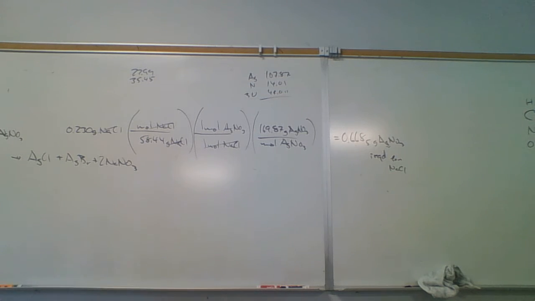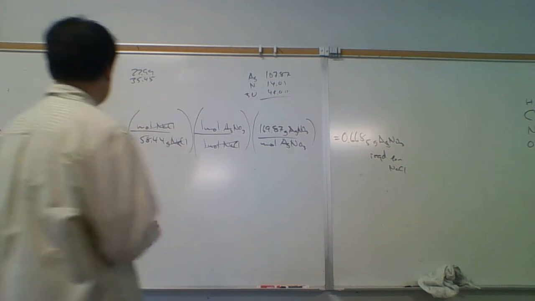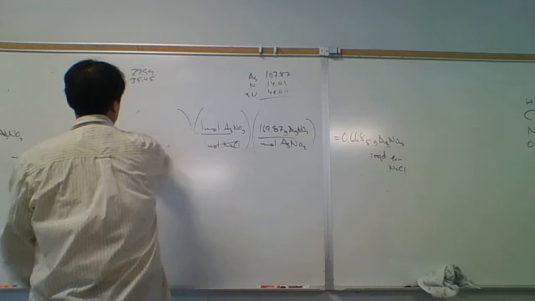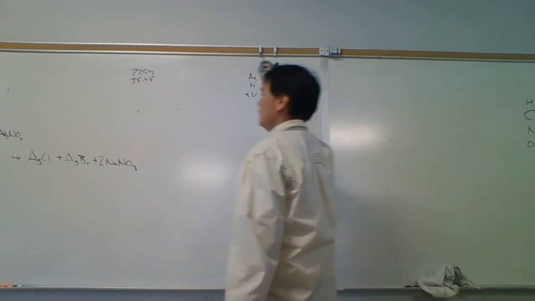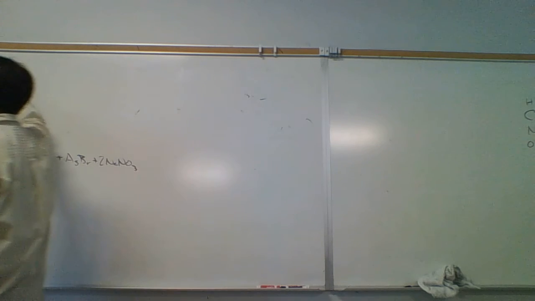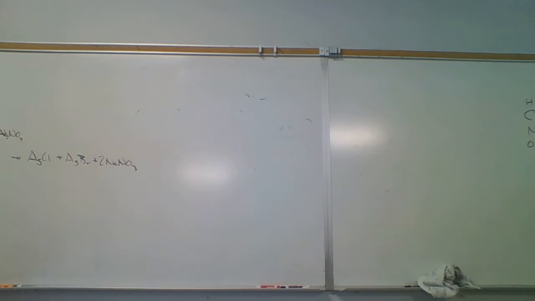A lot of people try to do it like this because it's a mixture, and the mixture contains both sodium chloride and sodium bromide. But this absolutely doesn't work. This absolutely doesn't work because, well, the reactions do work, but what they're assuming is this.